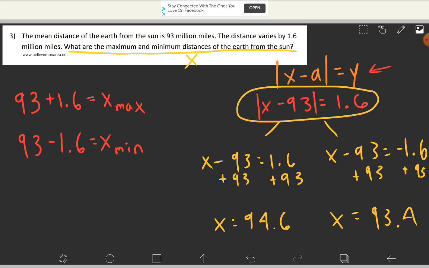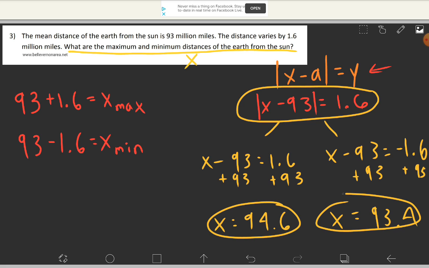Let me just, alright, that's correct. Alright, so these two, this would be our maximum value, and this would be our minimum value.